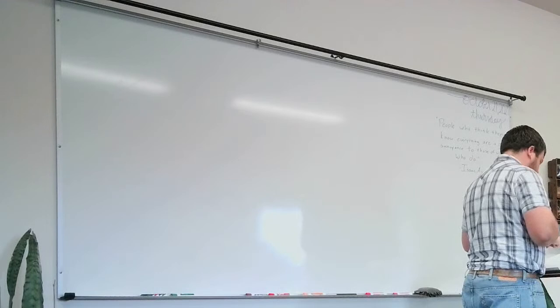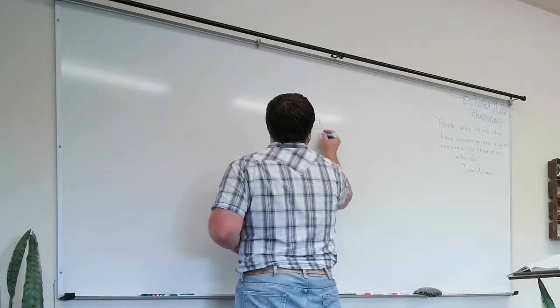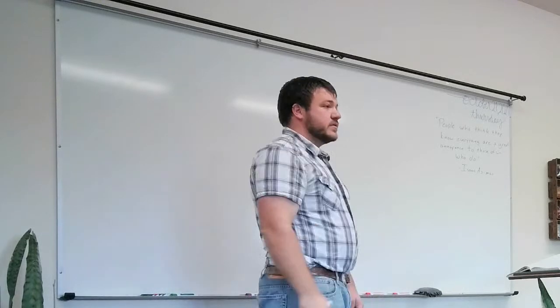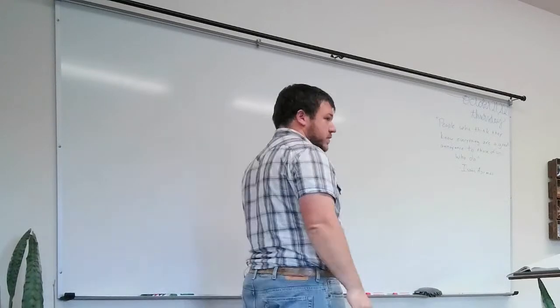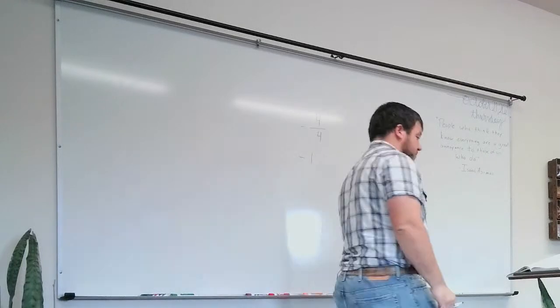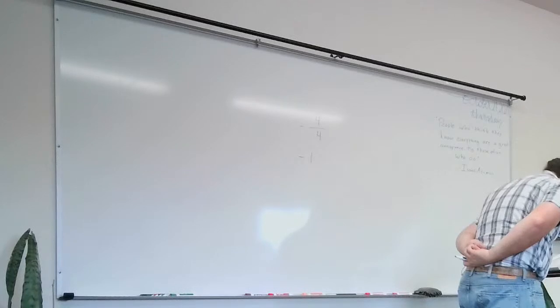What happens when you have, say, negative 4 over 4, what does that simplify to? Negative 1. So 2z minus 1. So number 4 would be 2z minus 1.